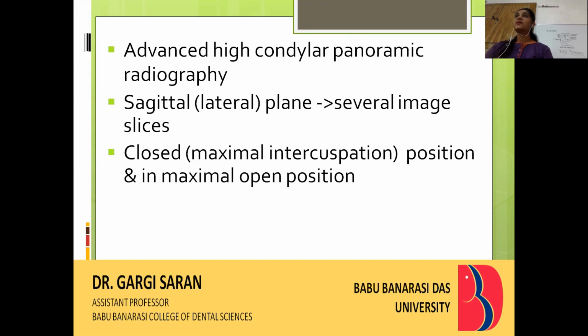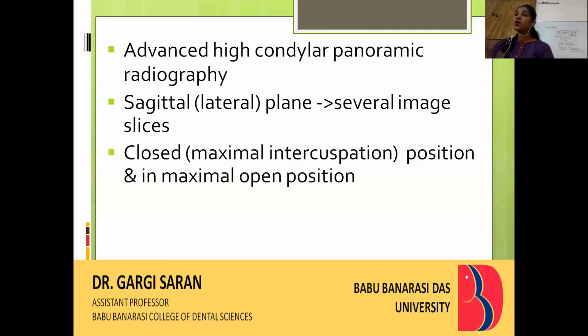It is very interesting that we can take records of the joint as it translates to maximum mouth opening. We can see the condylar head translate anteriorly during mouth opening.